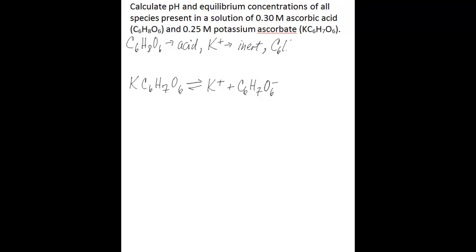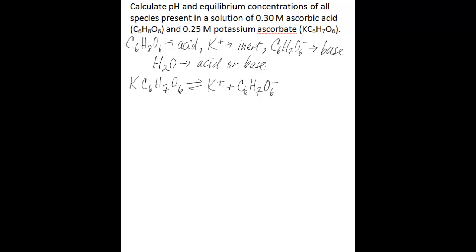So that's C6H7O6-, and this is the conjugate base of ascorbic acid, so we know then that it acts as a base. And finally, another species present initially is water, and water, as you know, can act as both an acid or a base.